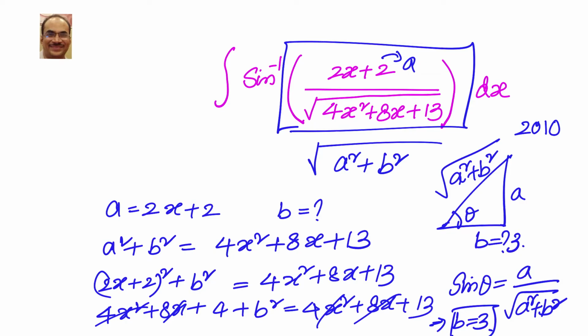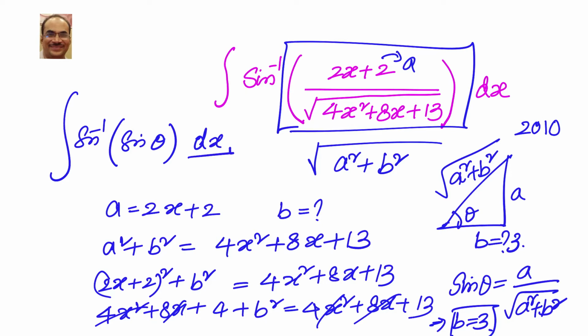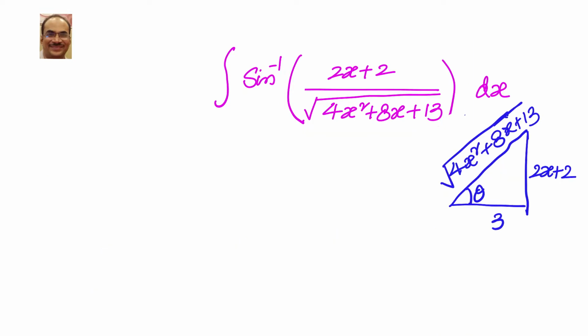So we can write the given integral as sine inverse of sine theta into dx. Still, this dx we have to get in terms of d theta. How to do that? Once we are able to do that, then we will have an integral in terms of theta, so we can solve it moving forward. Now let us see how we can find d theta. So we will take tan theta equals (2x plus 2) divided by 3.